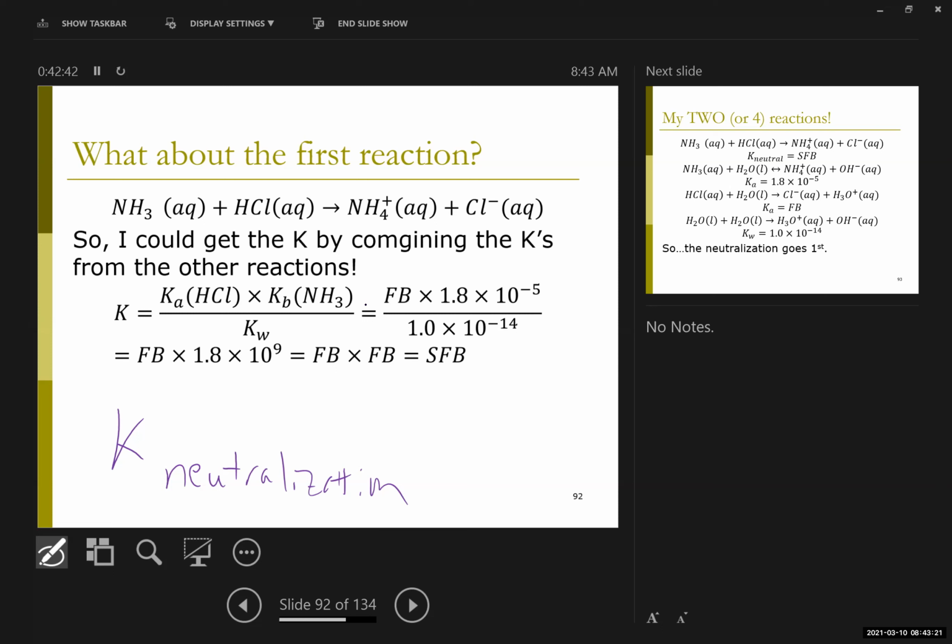right? The reason I go with just freaking big is because freaking big doesn't sound so infinite necessarily. And so I can be bigger than freaking big. And in fact, that's what happens with good old K neutralization here, right? If I take my freaking big Ka and I multiply it by the Kb of ammonia and then divide it by good old Kw, the K neutralization for the ammonia HCl reaction is 1.8 billion times friggin' big.